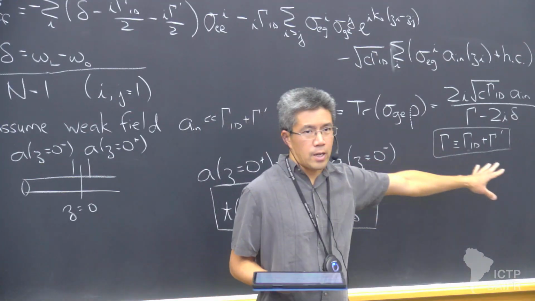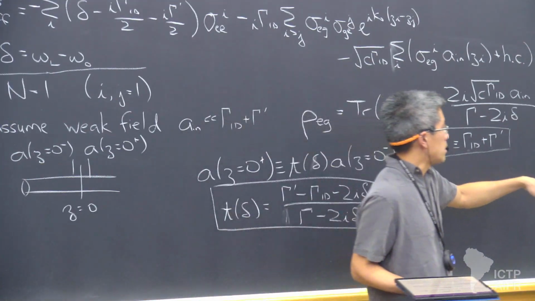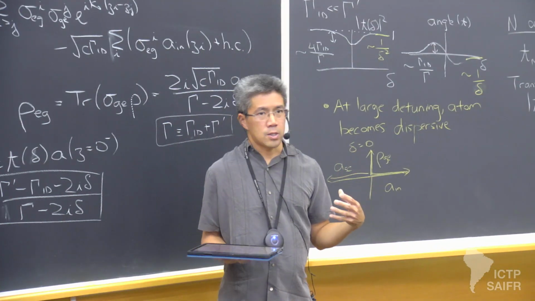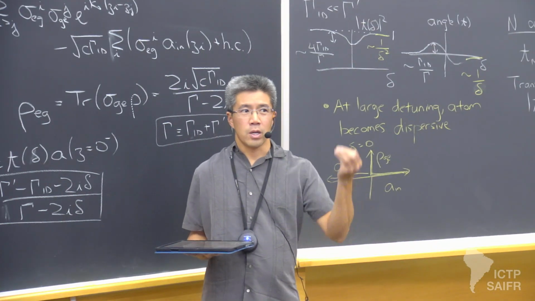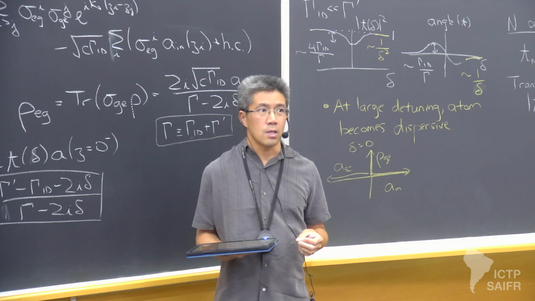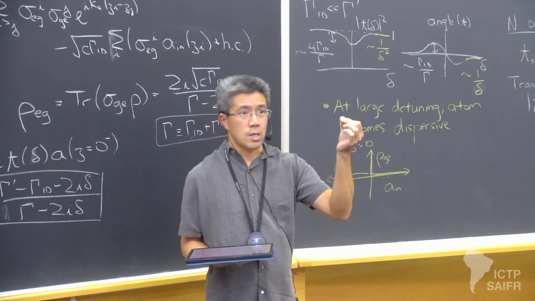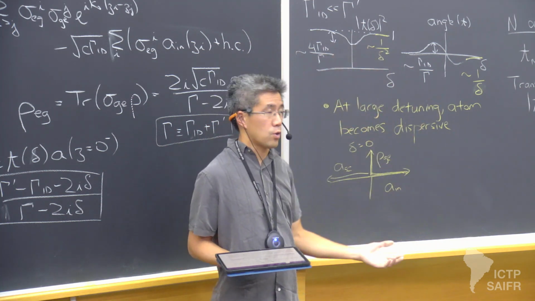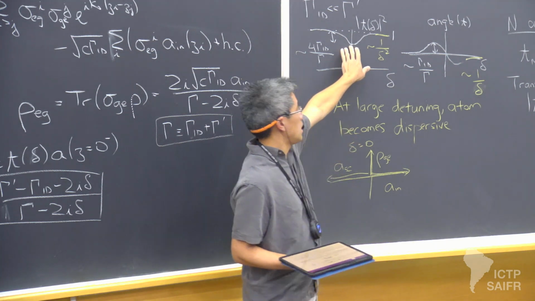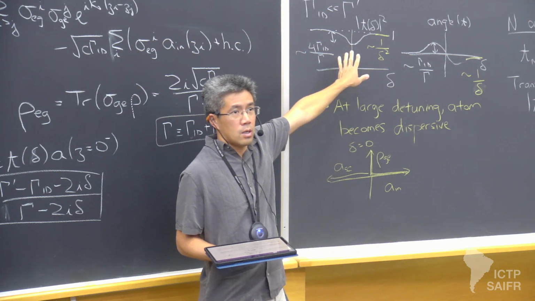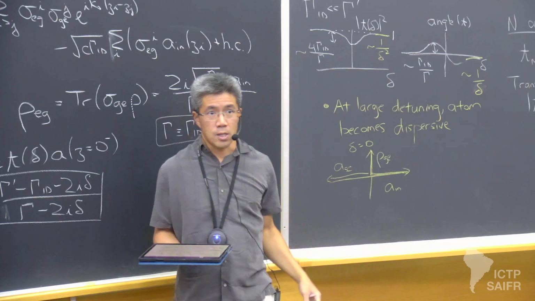Because in the two-level case, I shine in light, and if I shine in light on resonance, that's actually the most efficient way to bring population up to the excited state. Once I have population up in the excited state, it can emit a photon into 4 pi, and therefore I can have attenuation or absorption of the light that I send in.